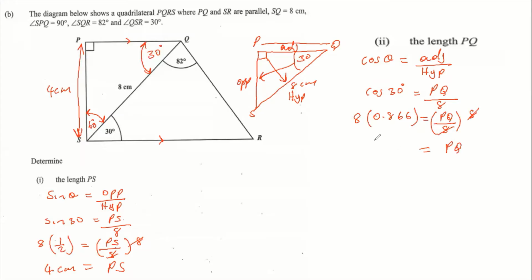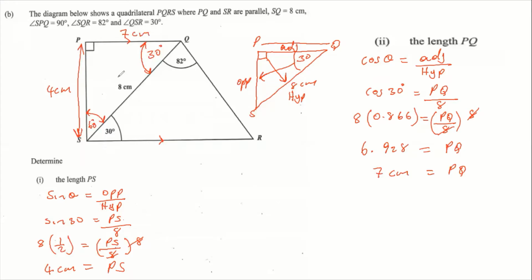Put this on your calculator, you will get approximately 6.928, right? So if we round this off to the nearest whole number, we will get approximately 7 centimeters to the nearest whole number, right? So this distance here is going to be 7.